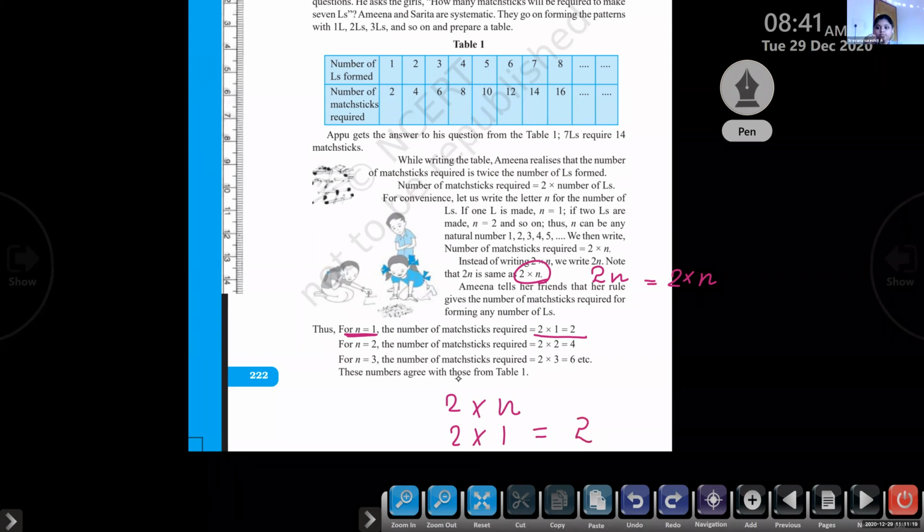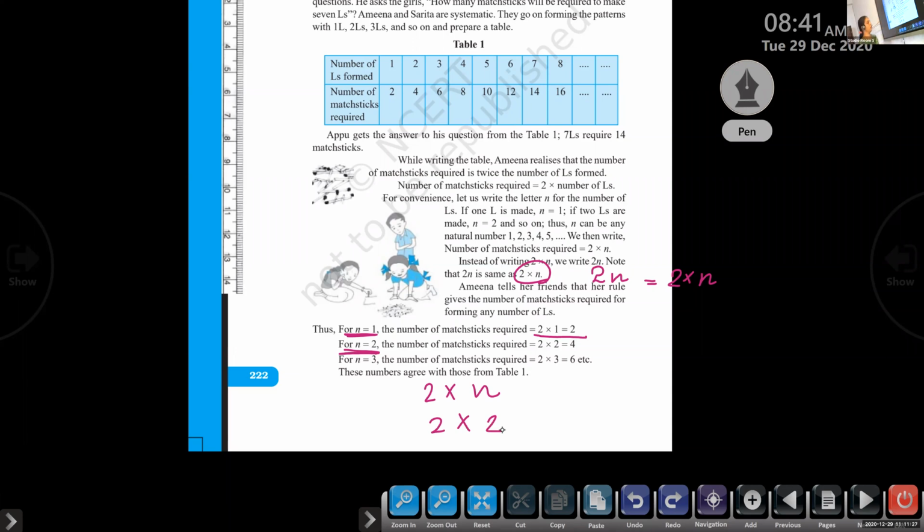When N equal to 2, we keep 2 into 2, so the number of matches required is 4. And for N equal to 3, 2 into 3.